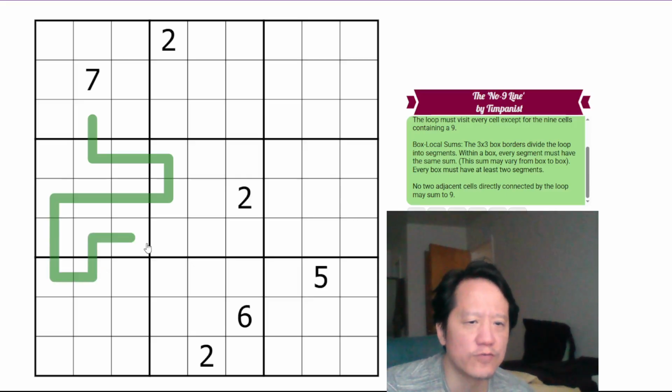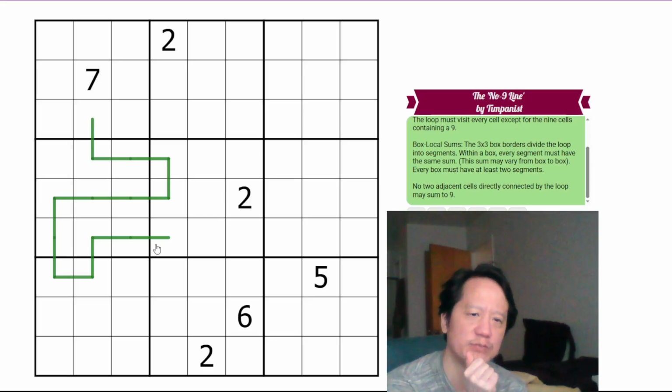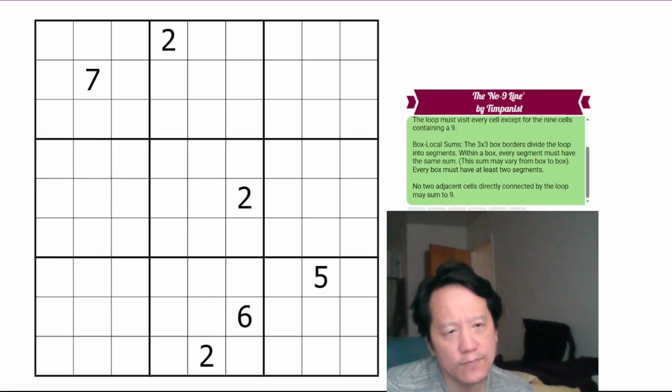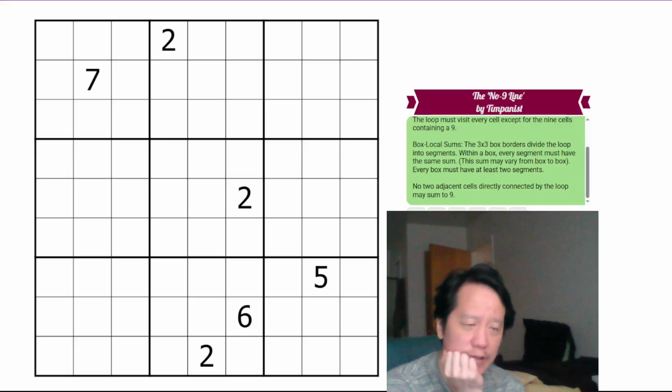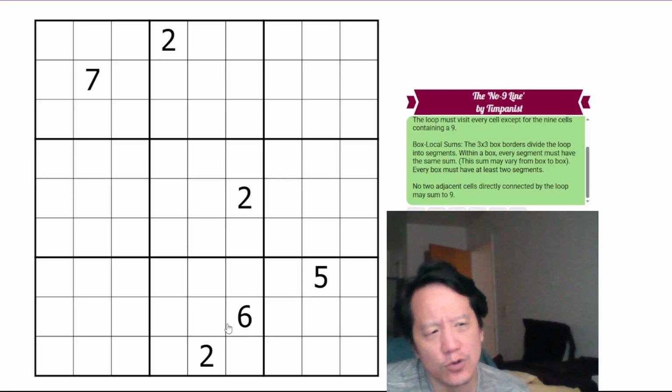Oh, actually, it could work for a side box. It could be something like that for the side box. So you could have segments of 3 in the side box. Again, I don't think you can have it for the corner cells, though. Maybe? No, because that would have to be 2.